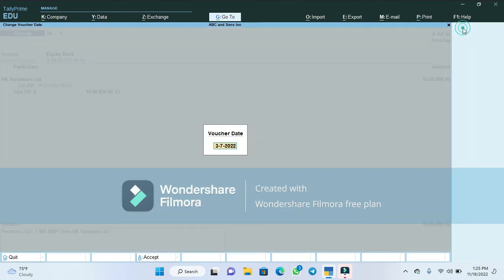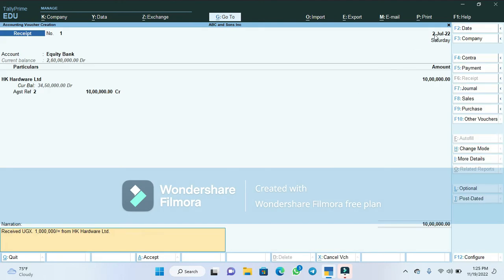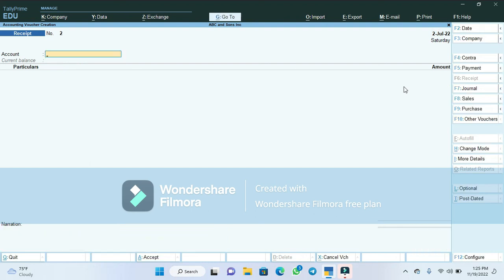So let's go and change the date. He paid us on 3rd of July. So we press enter after changing the date. Let's first press enter and accept the transaction.